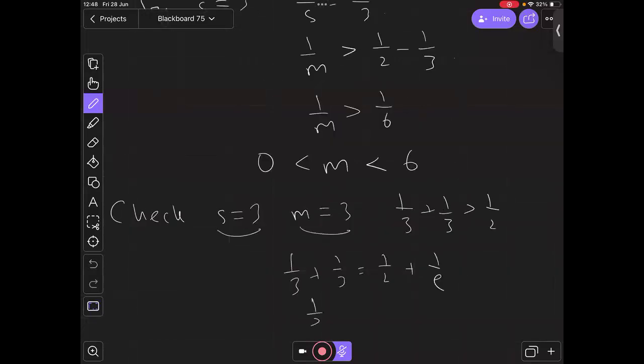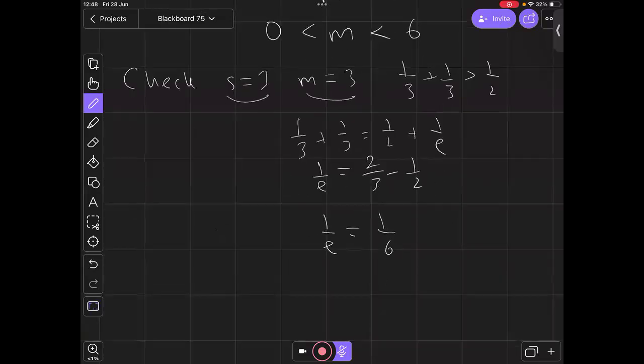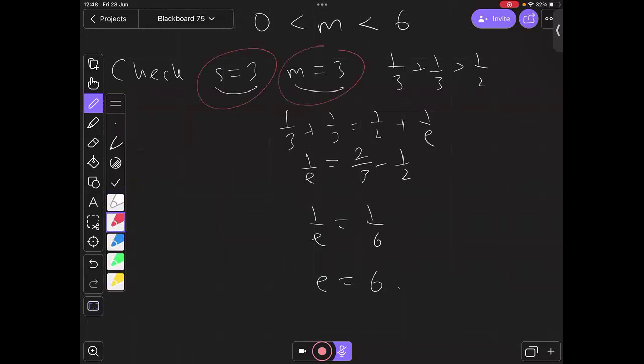Well, then 1 over E would have to be 2/3 minus 1/2, right? So that means 1 over E would have to be 1 over 6. Everyone agree with that? And so E equals 6. So now you have the example where S is 3 and E is 6.